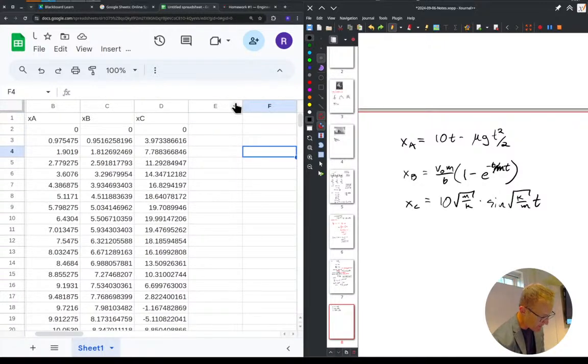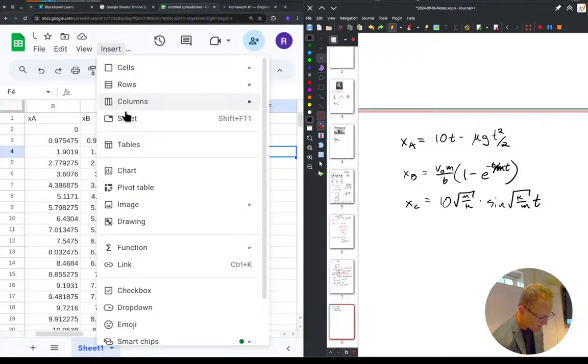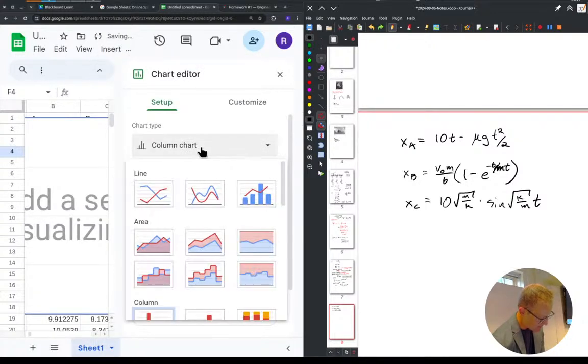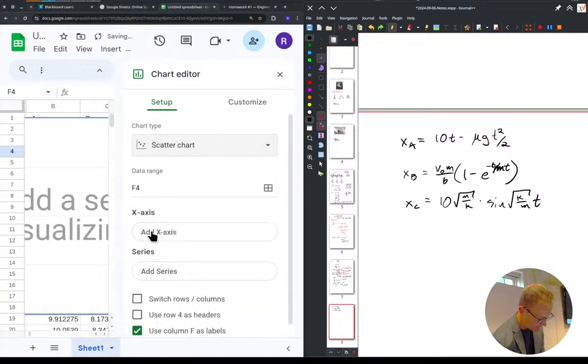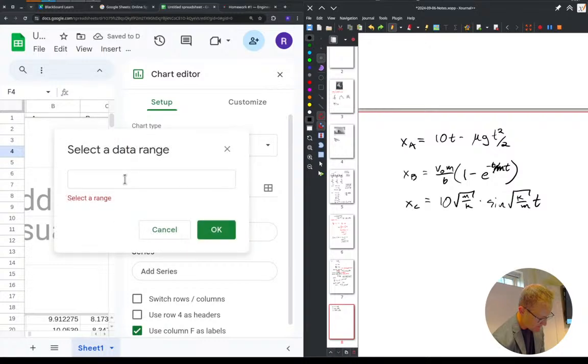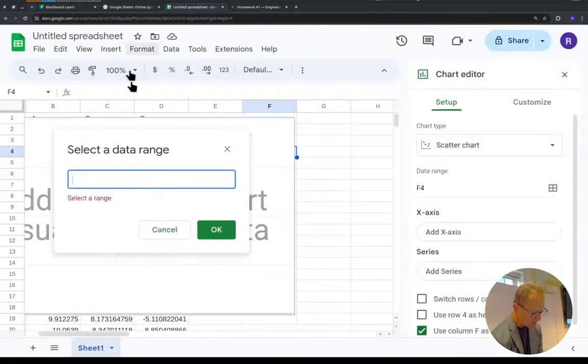And this is the part that drives me crazy, but we're going to insert a chart. We don't want column, we want a scatter plot. I gotta make it bigger so I can see everything.